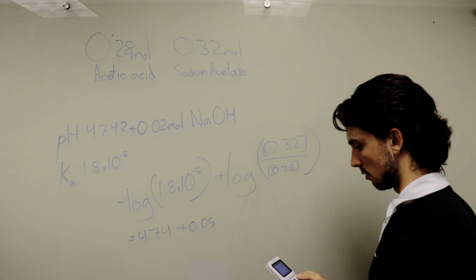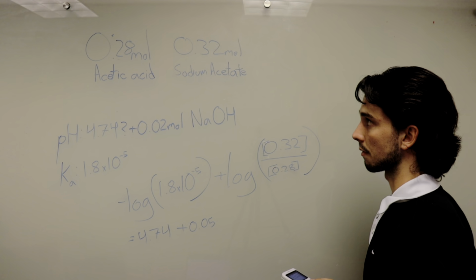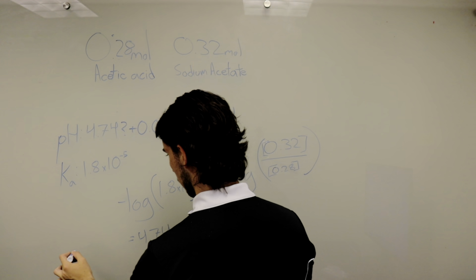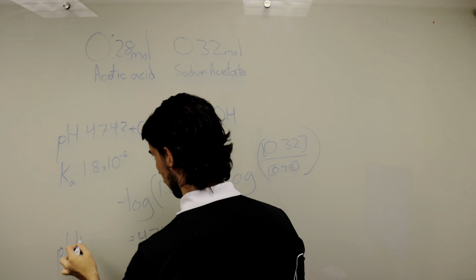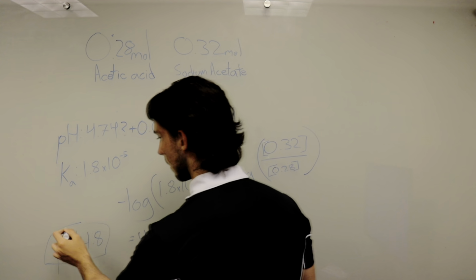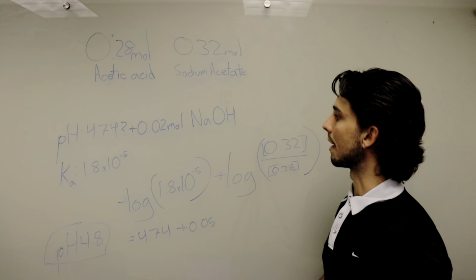So what's going to be our new pH? Let's see if this buffer solution was successful at keeping the pH close. When we do that, our new pH value is going to be 4.8. That's going to be our pH when we add 0.02 moles of sodium hydroxide.